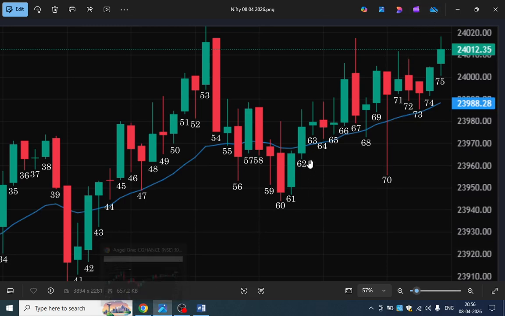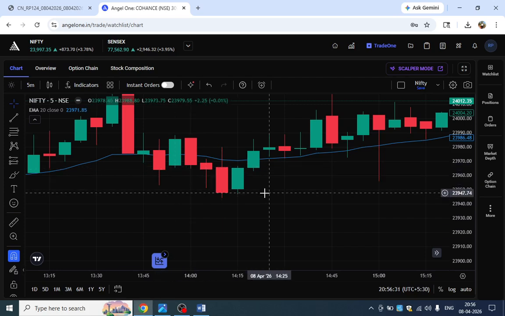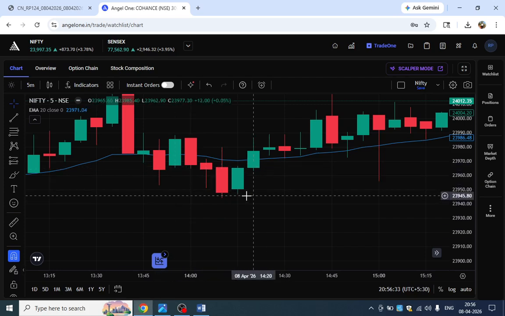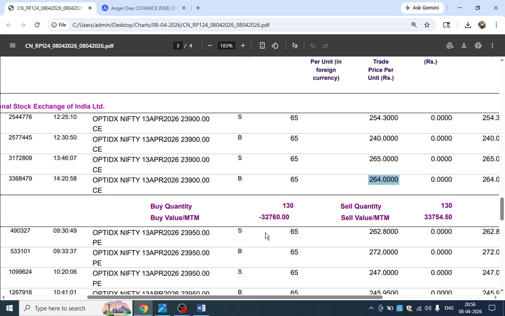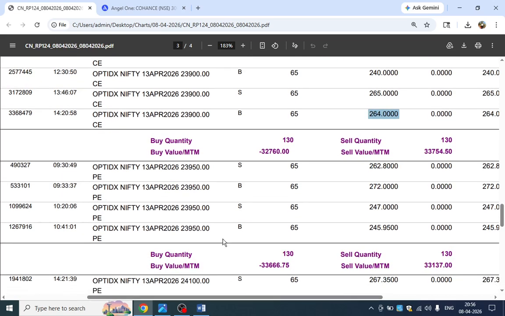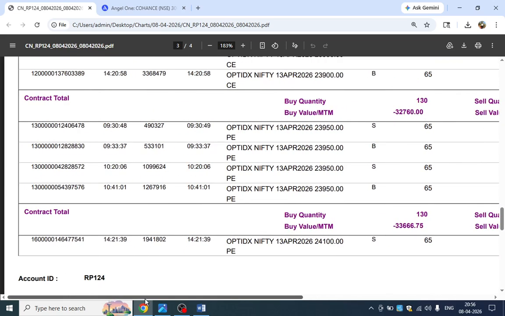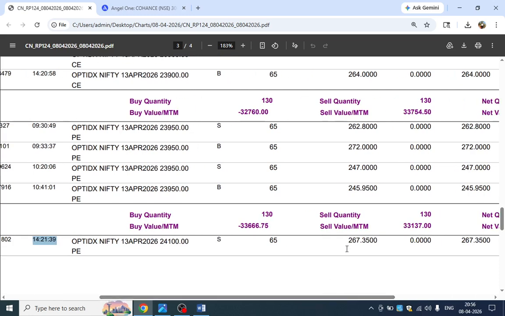So on bar 63, bar 62, I sold one PE. I'll just let you know, at 14:21 I sold one PE at around 267.35 rupees. This is the strike price, 241.10.